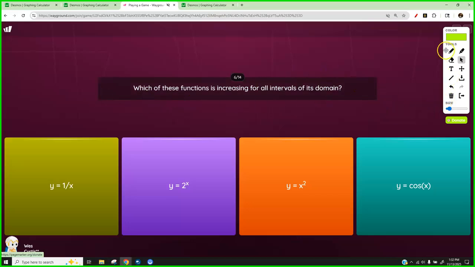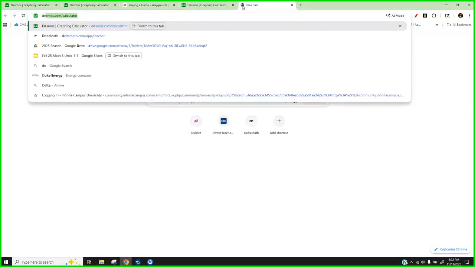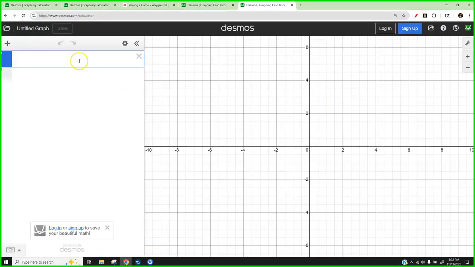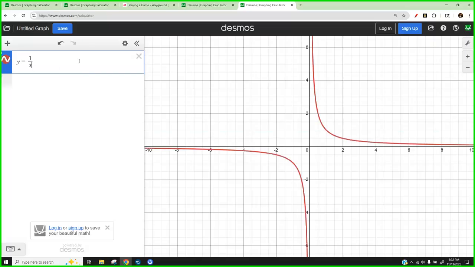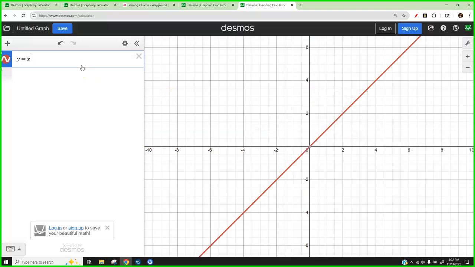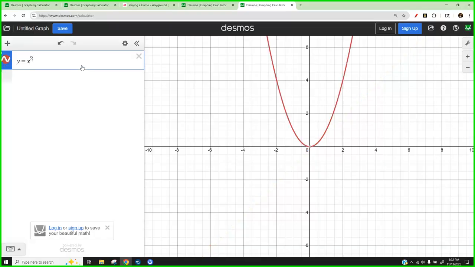Which of these functions is increasing for all intervals of its domain? So last unit in rationals we did 1 over x, but it's decreasing here and it's decreasing over here. The whole entire thing is decreasing. One of the other answer choices is your basic parabola, x squared, and it is decreasing on one side but increasing on the other.